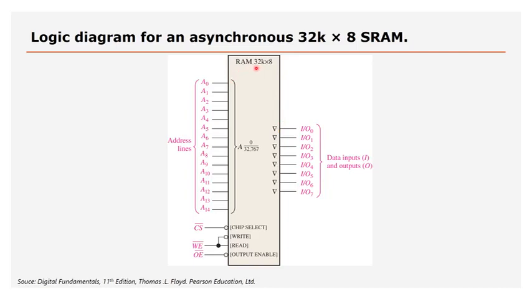That actually means there are 32 times 1024 positions available where data can be stored, and the data length is actually 1 byte, which is 8 bits. That's why it's a 32K by 8.